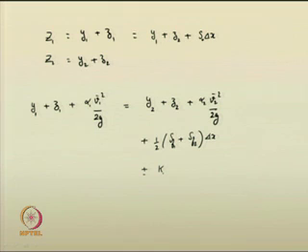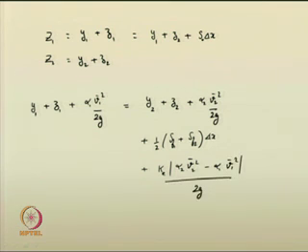Please note that I can simply write it as plus Ke into alpha 2 V2 squared minus alpha 1 V1 squared by 2g. This is the relationship you are going to get.